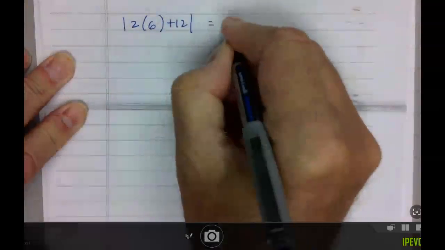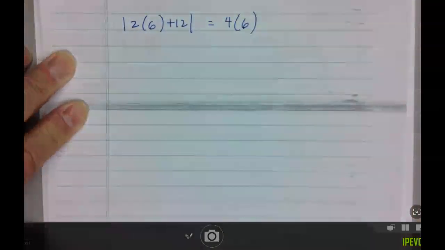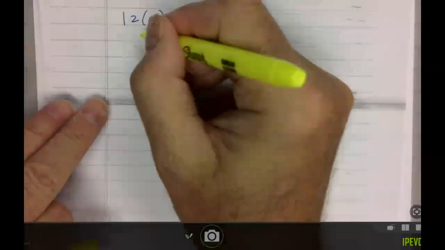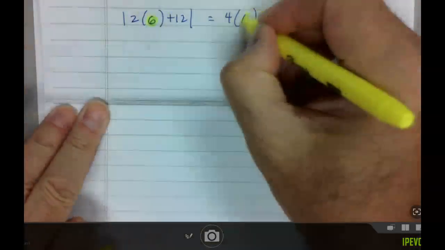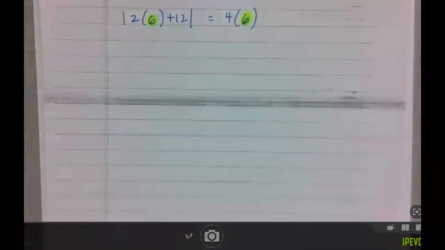Here we go. I'm going to plug it in, which means I'm going to evaluate. So the absolute value of 2 times 6 plus 12 equals 4 times 6. Everybody see what I'm doing? Right here. I plugged that in for x, didn't I? Correct?